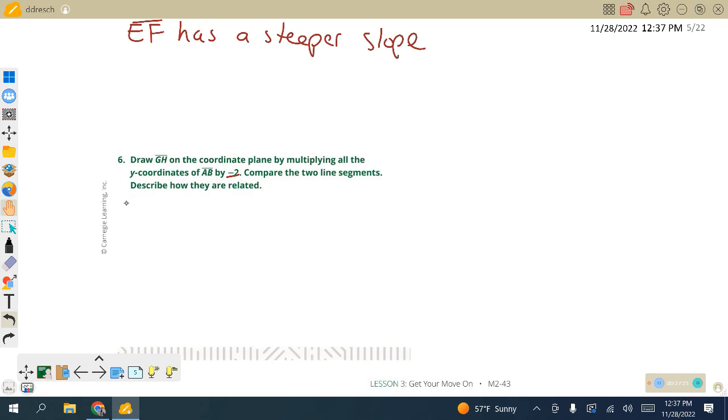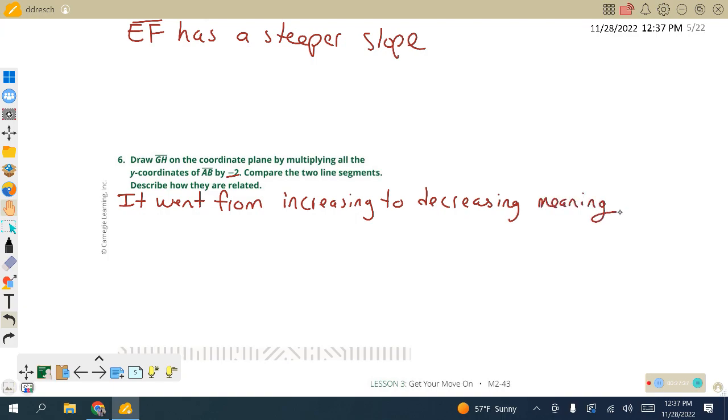So let's say that. It went from increasing to decreasing, meaning a reflection.